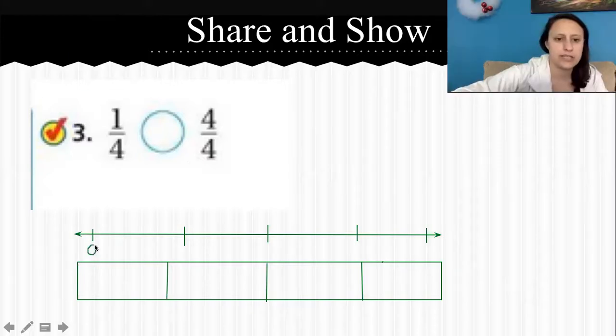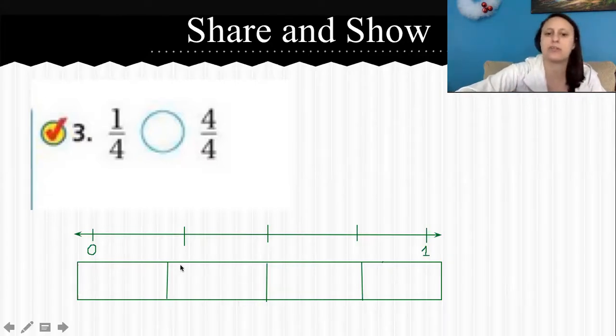I label this 0, and this down here is going to be a 1, because I'm breaking a whole number into pieces, okay? This is a whole bar, one really long rectangle that I have broken into 4 pieces, okay?